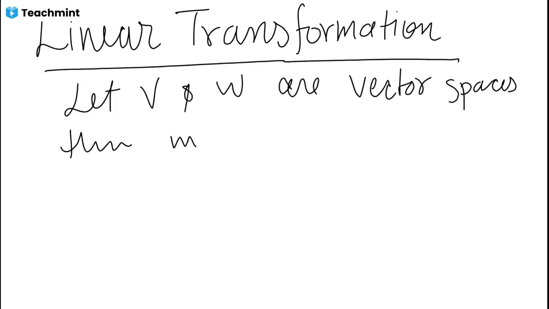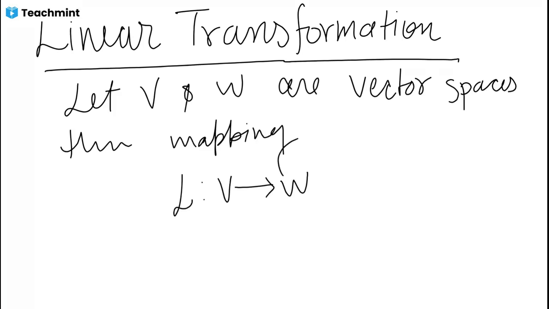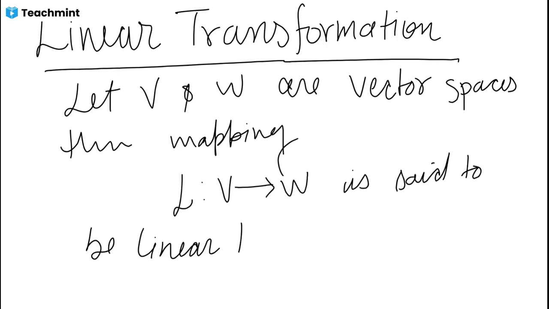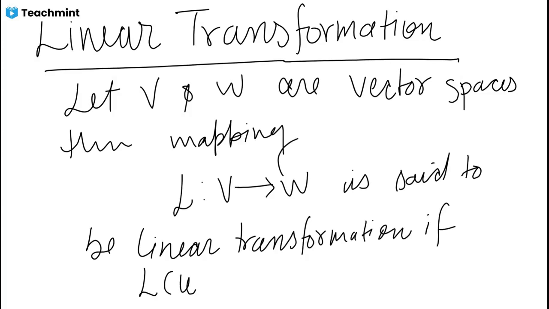Then a mapping L from V to W is said to be a linear transformation if L of V1 plus V2 is equal to L V1 plus L V2.